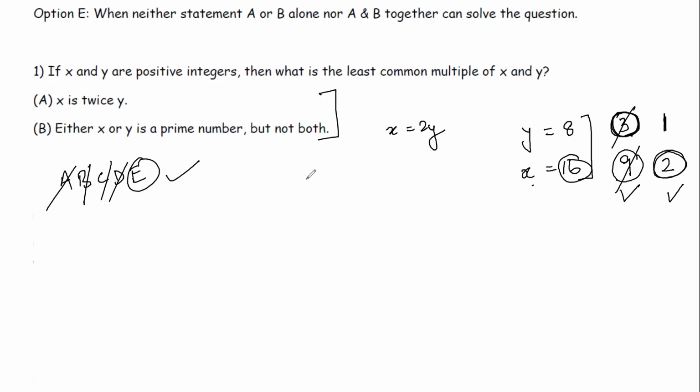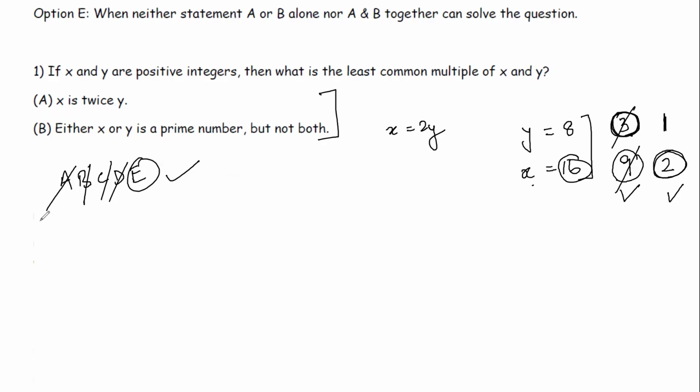If they had just mentioned in statement B that x is a prime number, then there's only one possible outcome, because when x is twice y, it becomes an even number, and we know that 2 is the only even prime number. So there will only be one possible answer, and C would be the answer in that situation. But I did not design it that way. All right, moving on.